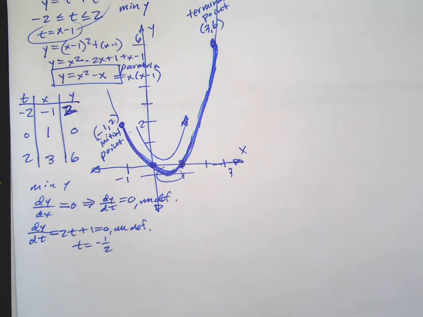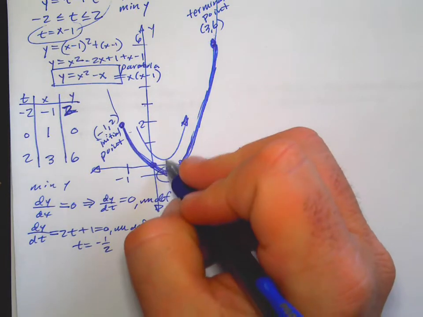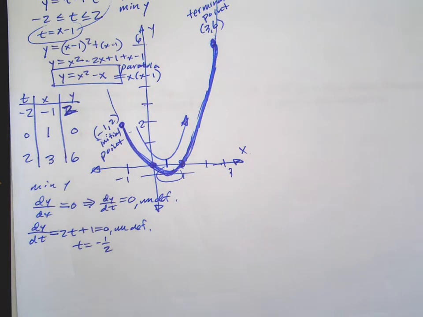This doesn't necessarily match my graph. Huh. Because it looks like it should be like +1/2, right? So that doesn't quite make sense. My work.